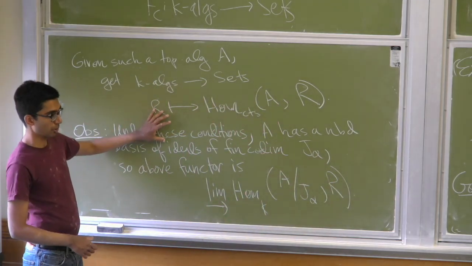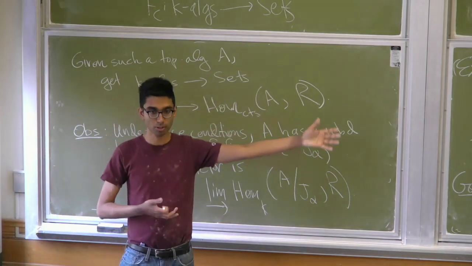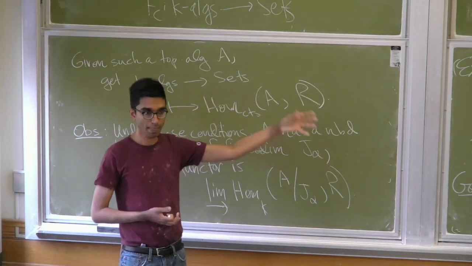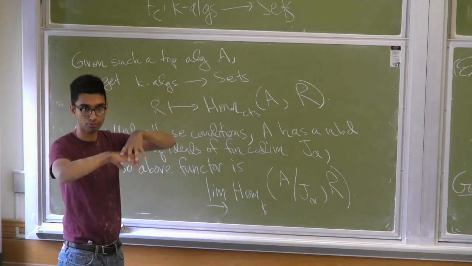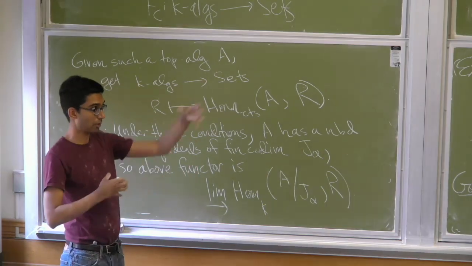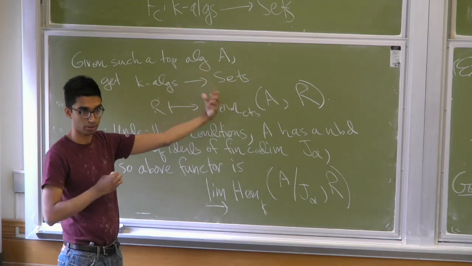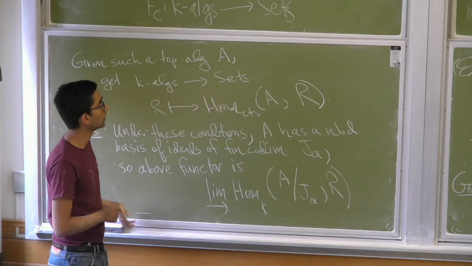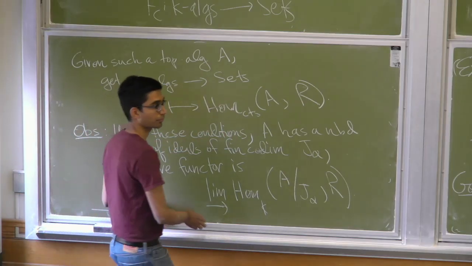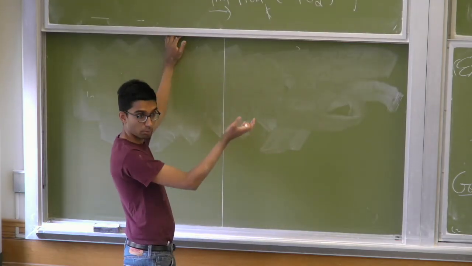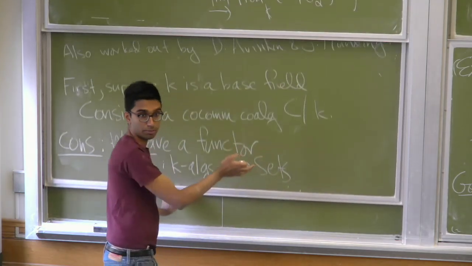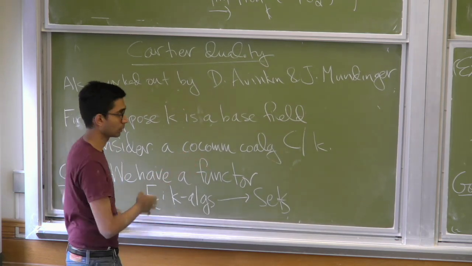So the small additional observation is that if you have a topological K-algebra with these properties, then it automatically has not only a basis of a vector space, but a neighborhood basis of ideals. I think this is more or less equivalent to this fundamental theorem of coalgebras.